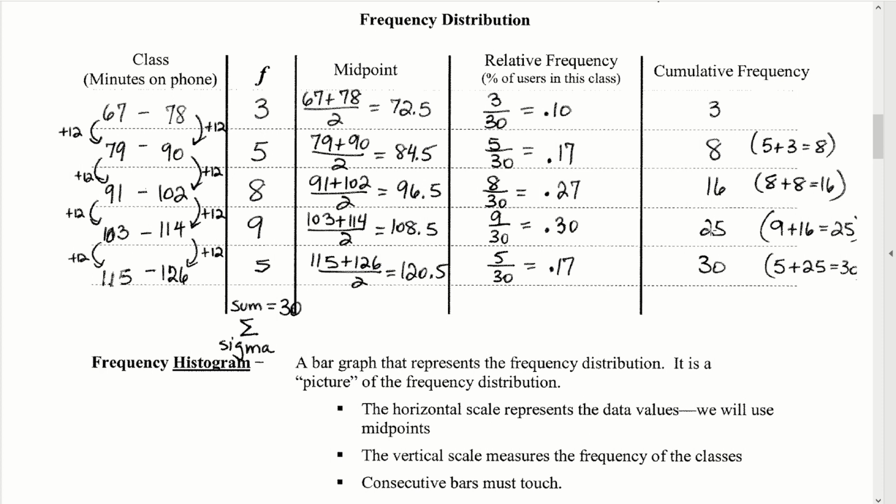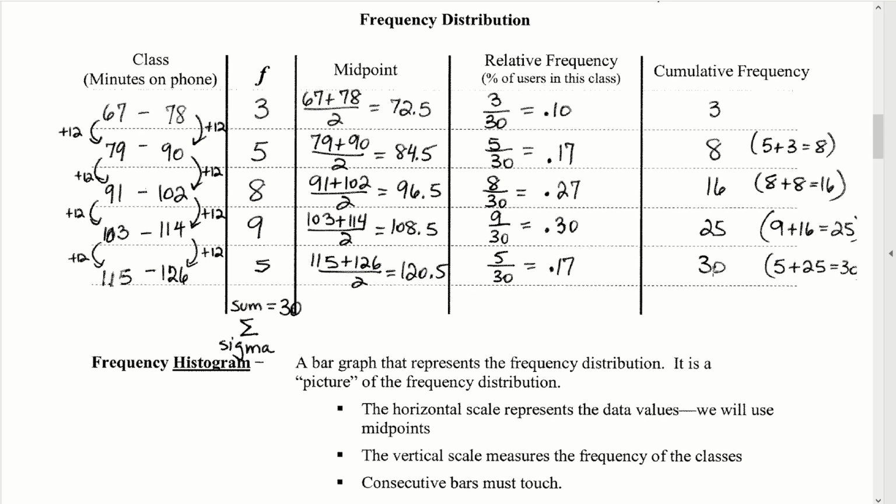For the second to last class, I can do its frequency of 9 plus the previous cumulative of 16. 9 plus 16 gives us 25. And for the last cumulative frequency, its frequency is 5, plus the previous cumulative is 25. 5 plus 25 gives us 30.